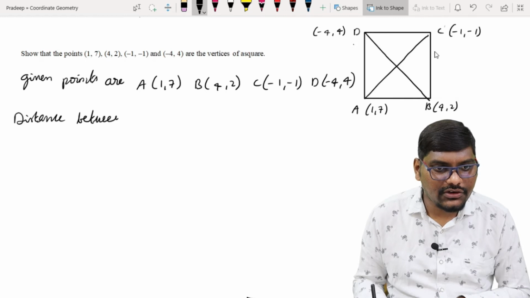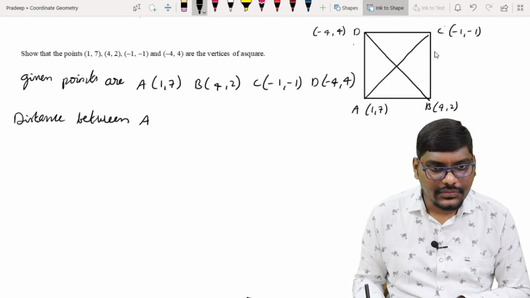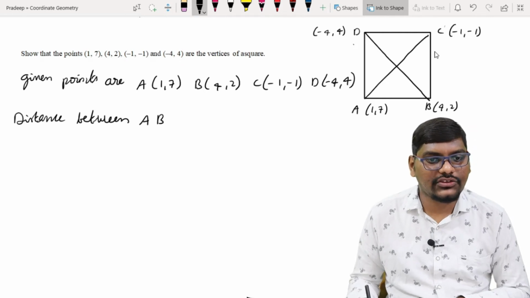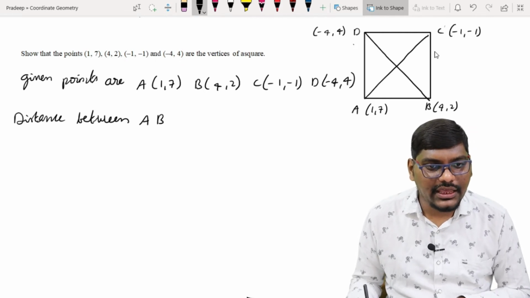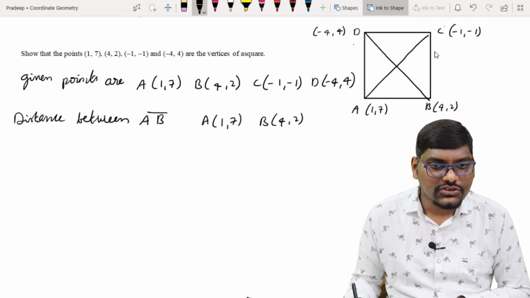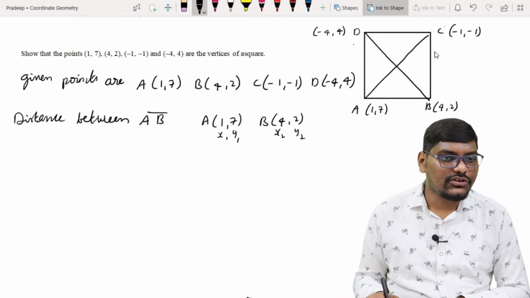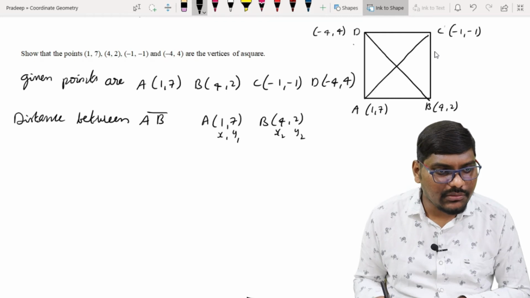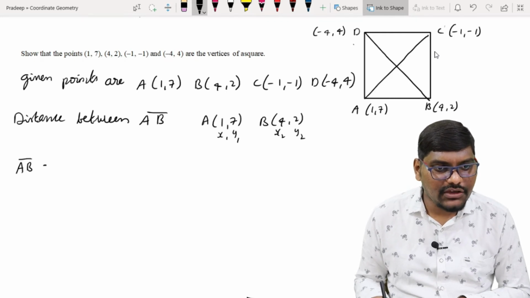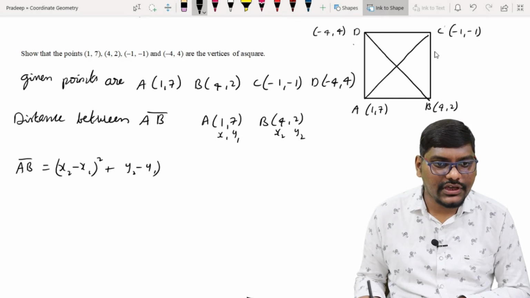First we'll find the distance AB. Point A is (1, 7) and point B is (4, 2). So this is x1, y1 and this is x2, y2. We'll use the distance between two points formula: AB equals the square root of (x2 minus x1) whole square plus (y2 minus y1) whole square.